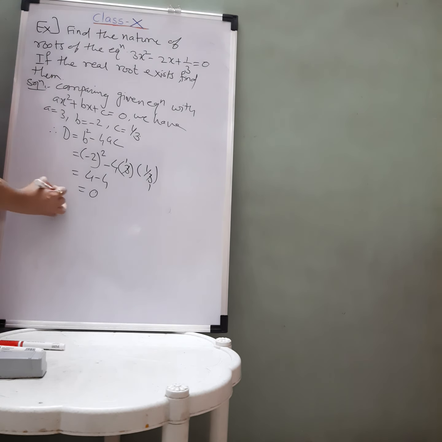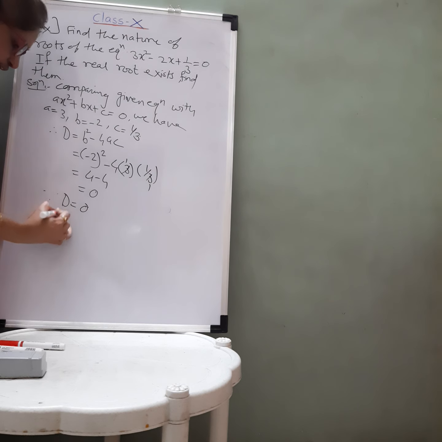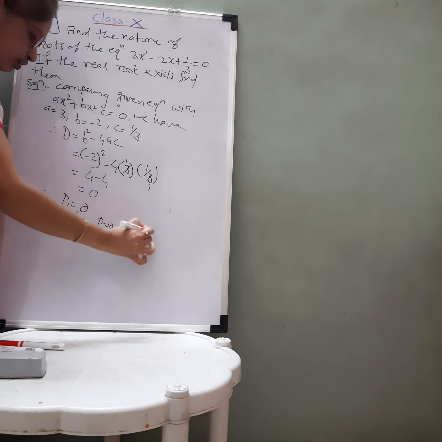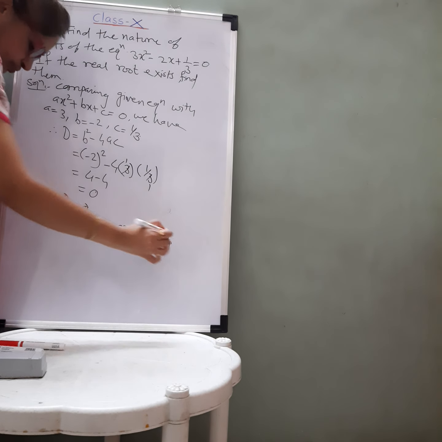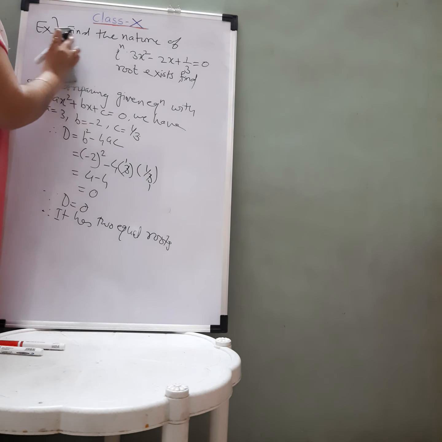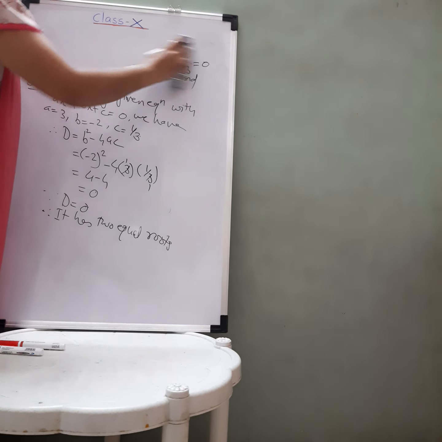Now since D is equal to 0, therefore it has two equal roots. Now the next step, find the roots.